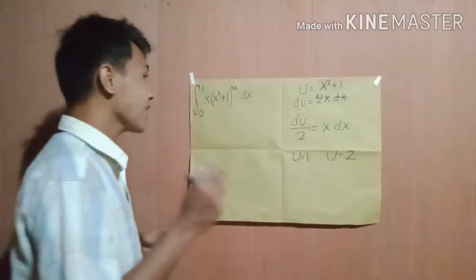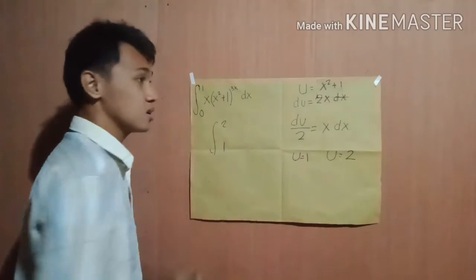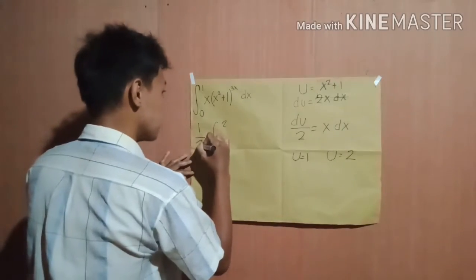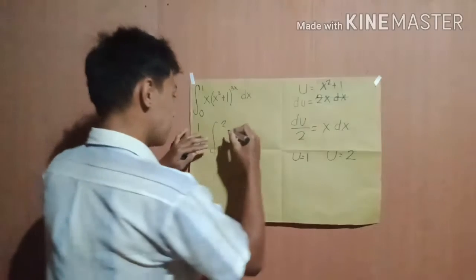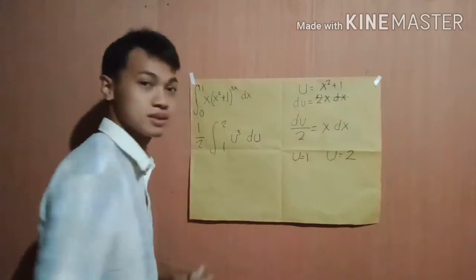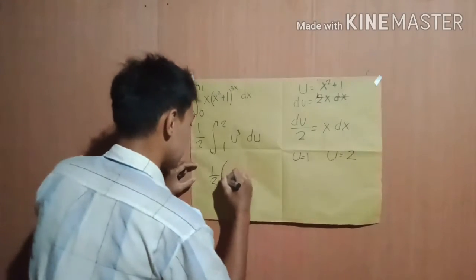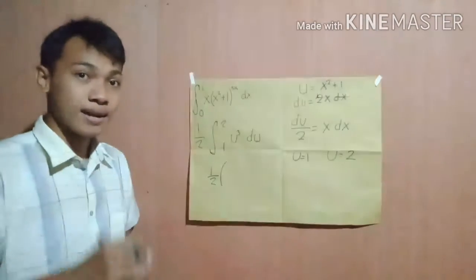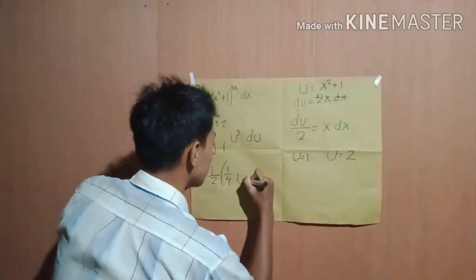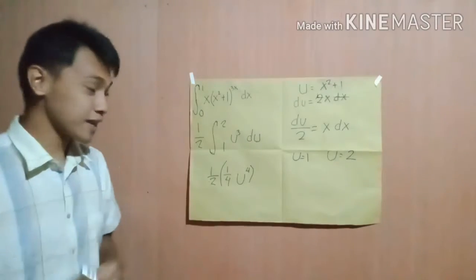Now, our integral is 1/2 u cubed du. Now, this 1/2, add 1 to the power, it's going to be 1/4 u to the power of 4. That 4 will be cancelled.